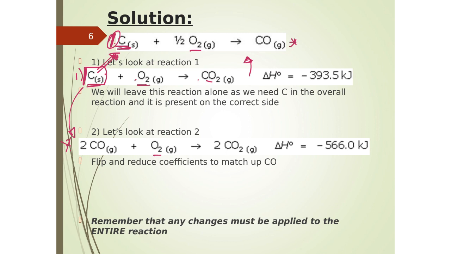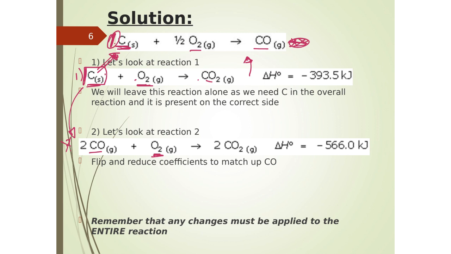So let's go down to reaction 2. What is in reaction 2? Which reactant or product is in reaction 2 that I need in the overall up here? Again, we have seen CO, so there's something I can focus on. Here's oxygen, but I have oxygen in the other reaction, so I'm leaving it alone.